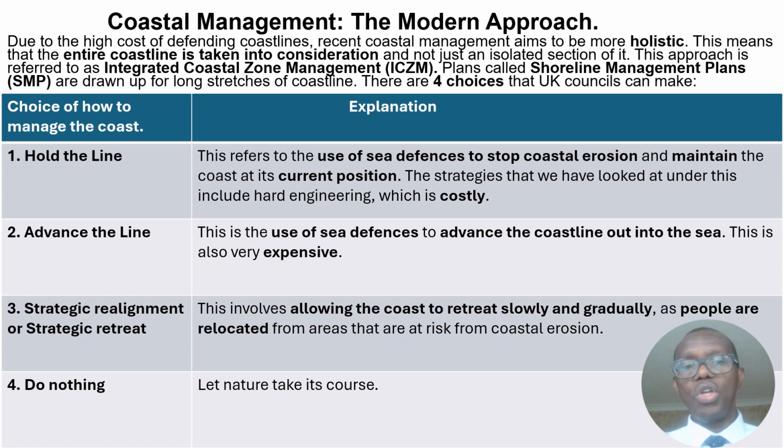So we are now going to look at the modern approach to coastal management. And one of the things that we did not mention with the groins, for example, is that sometimes the groins can cause what is referred to as the terminal groin syndrome.